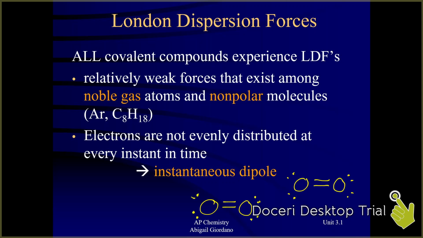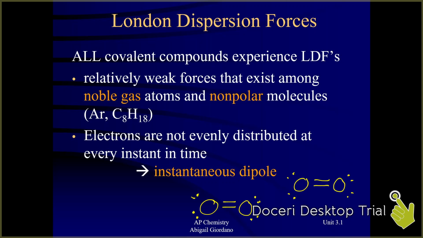Now, here's the thing. Electrons, guys, are not static, okay? Electrons have movement and motion to them. So at any particular point in time, a nonpolar molecule might just be slightly polar, but only for just a second, only for a moment.